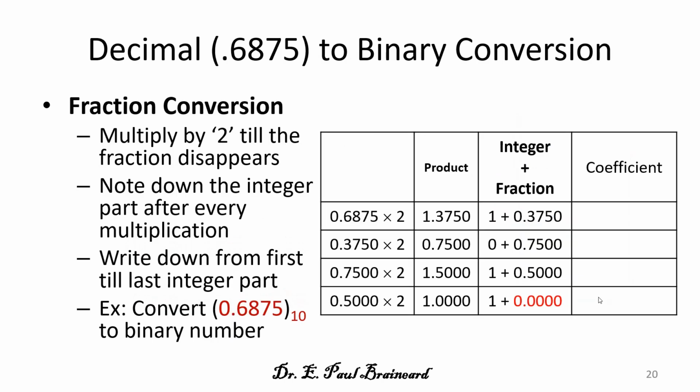Let's convert the decimal fraction 0.6875 to binary. Multiply 0.6875 with 2. 2 is the base, or radix, of the target system. Separate the integer and fractional part.